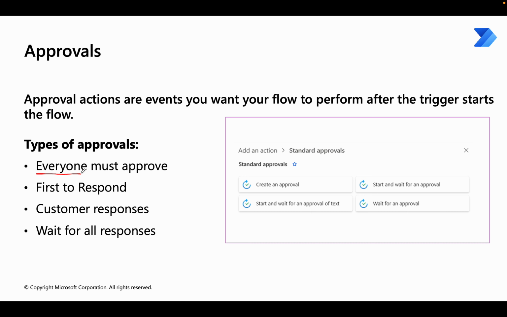everyone must approve. That's one kind of approval type. Or it might be first to respond.